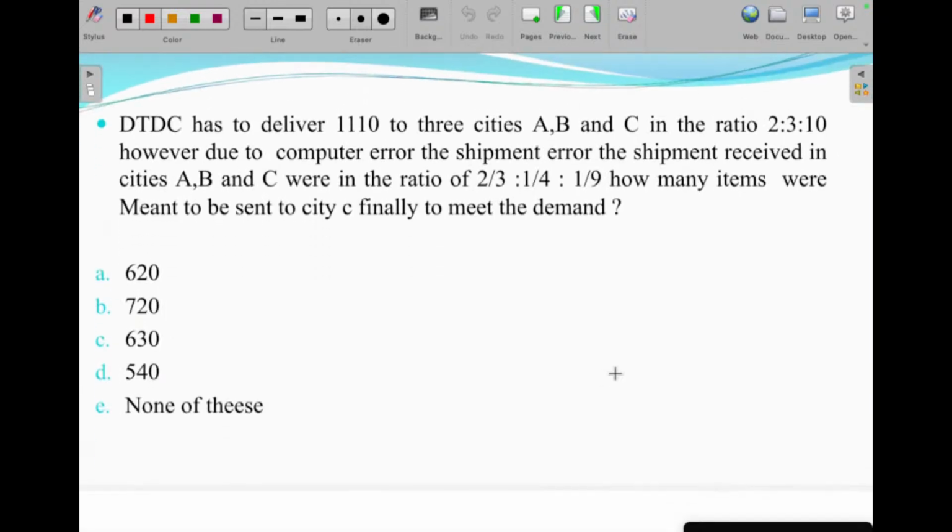You try this question. I'll give you time.